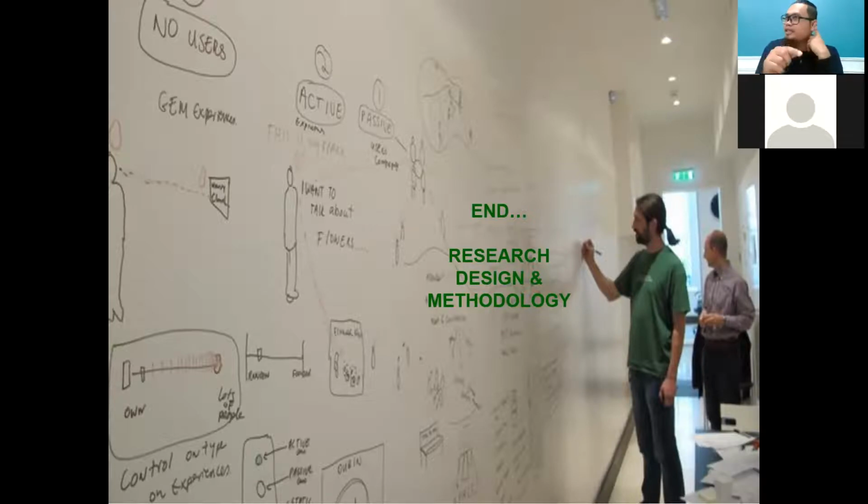In my first doctorate, my PhD, over 3 years, I spent a lot of time reading research methodology to make it very clear what research design is. I still remember that I spent many months reading research methodology, specifically research design.